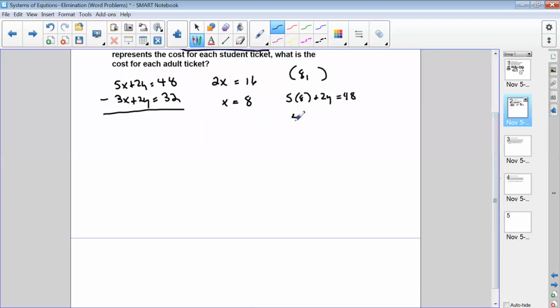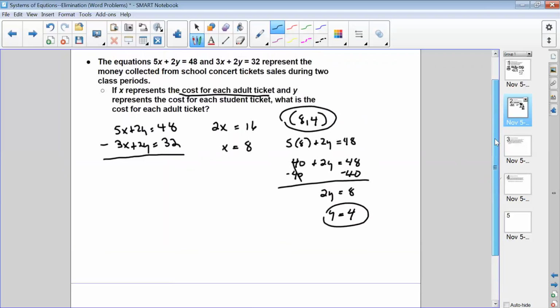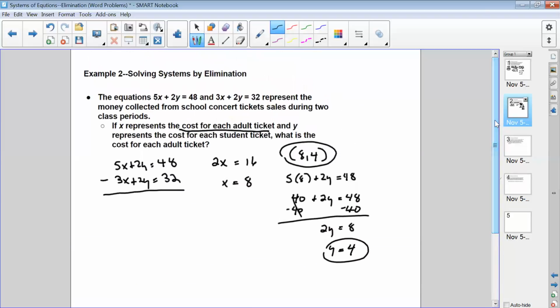That's going to give me 40 plus 2y is equal to 48. Then I'm going to subtract 40, and I get 2y is equal to 8. So y is equal to 4. So the student ticket would be $4, adults 8. So there's your result for question 2.